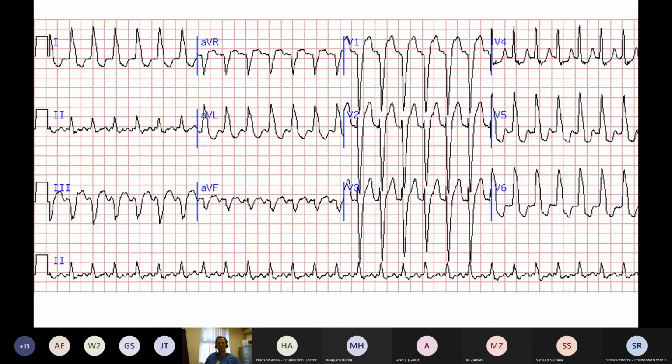A profound silence on the chat. So I've got SVT coming through from Joseph, VT coming from Jenny. Excellent, a difference of opinion. That's marvelous. It means that it's a difficult ECG, which is what I'm going for.